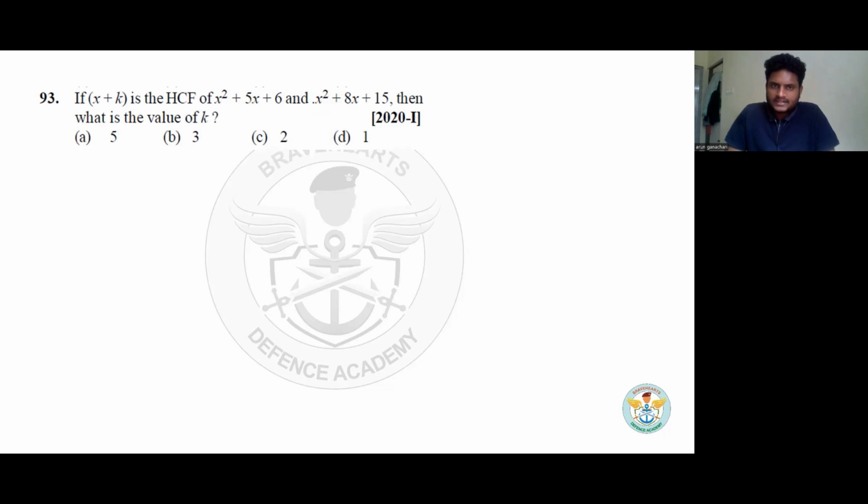If x plus k is the HCF of x square plus 5x plus 6 and x square plus 8x plus 15, then what is the value of k? I'm not solving those sums which you have solved in the last sessions also, so I'm not taking those kinds of examples. I'm taking only unique kinds of examples in this class, so all the questions you see are very unique to each other.